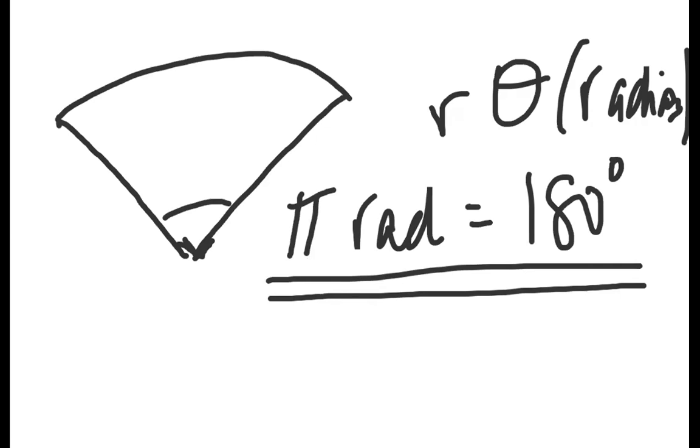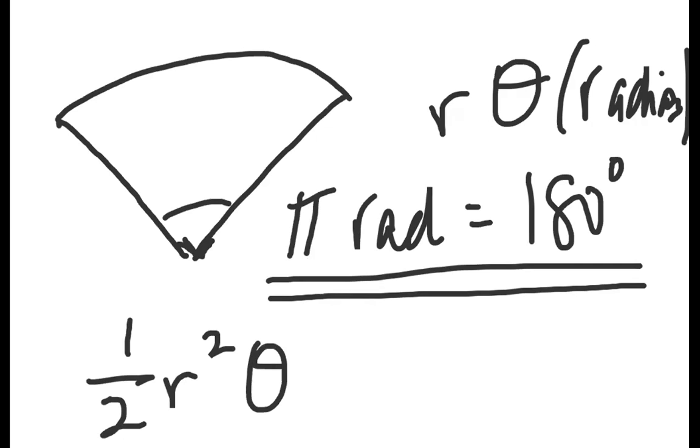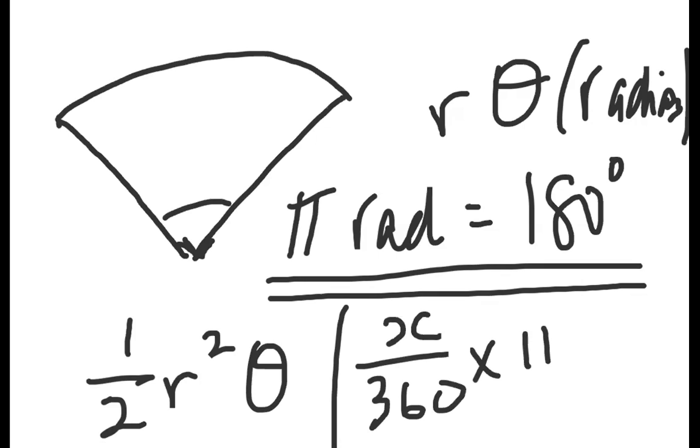Okay. So now to find the sector area. To find the sector area is half r square theta. Tapi kalau kita ambil the original formula, the formula that is in degrees is x over 360 times pi r square.